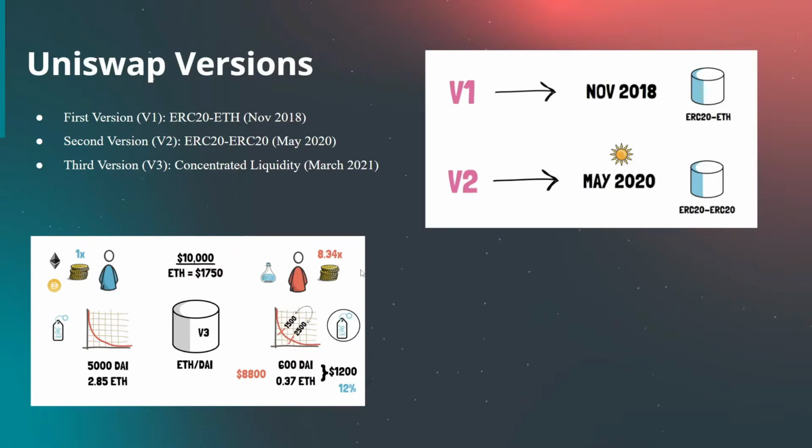And Alice decides to provide less capital, providing liquidity between 1,500 and 2,500 price of ETH, where she will only earn fees between those curves. So she provides less capital, around 1,200, while Bob decides to put all his capital in the pool.